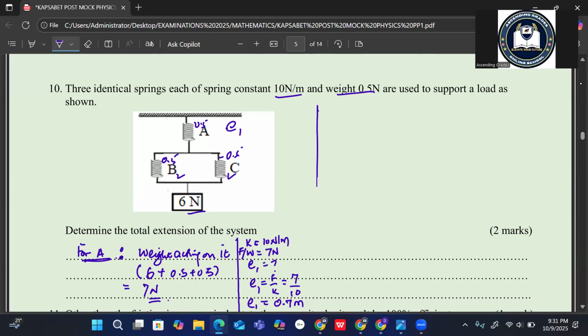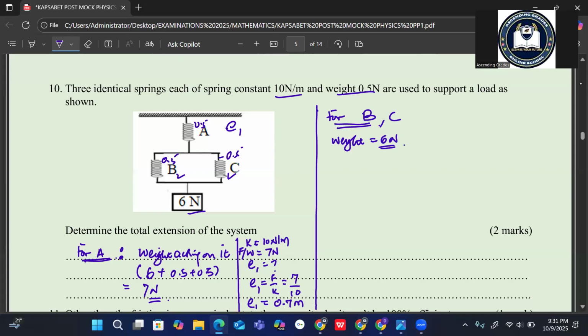Then, now say for B and C, the weights will be 6 newtons only.